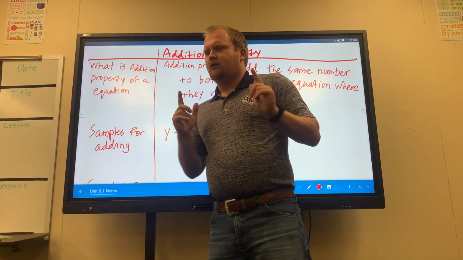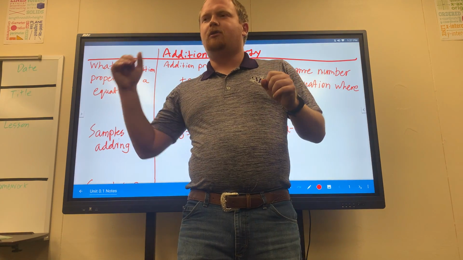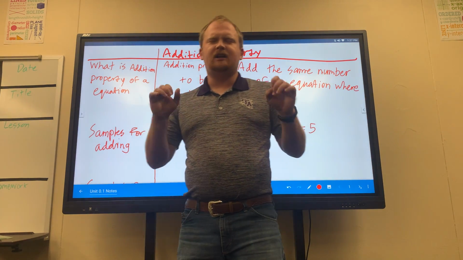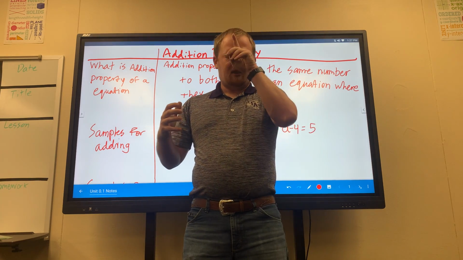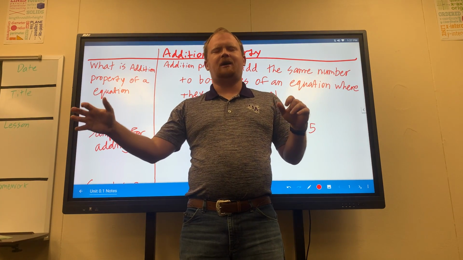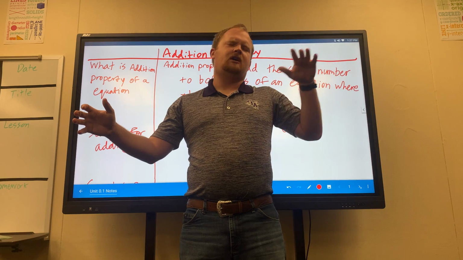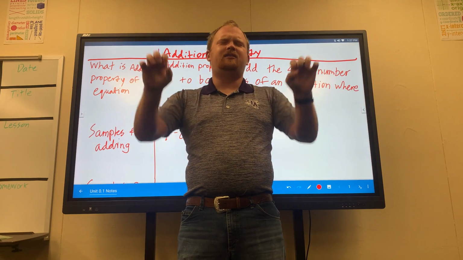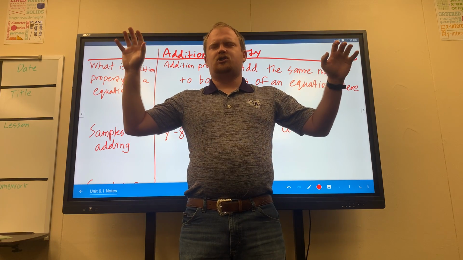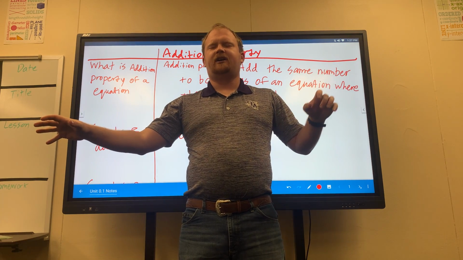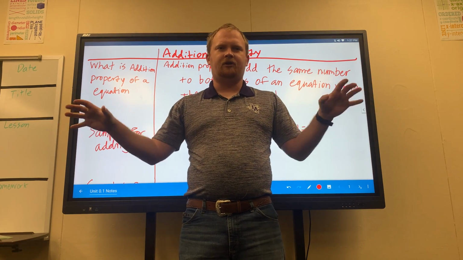Now, it's also important that you add the same amount of weight. Not just the fact that you add weight on both sides, but the same amount of weight. Because even if I add 10 pounds on one side and 5 pounds on the other, it's still just as counterproductive. So I want to make sure if I add 10 pounds on one side, I add 10 pounds on the other.